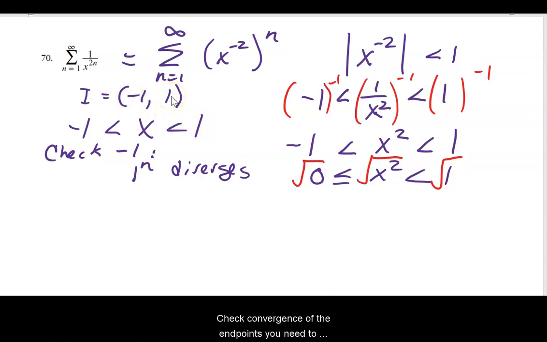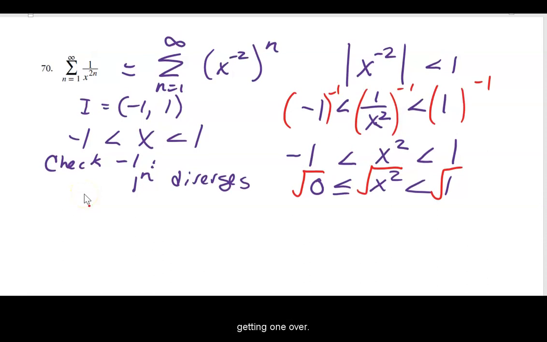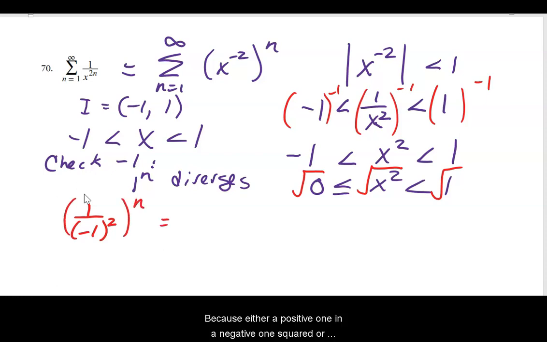To check convergence at the endpoints, you need to replace the x in the formula with both negative 1 and 1. In this case, if you replace them, note that you would be getting 1 over negative 1 or positive 1 squared raised to the nth power. Because either a positive 1 or a negative 1 squared is 1, this leads to 1 to the n in both cases.